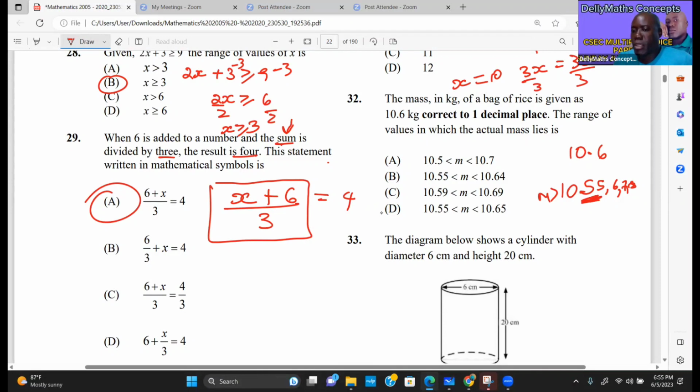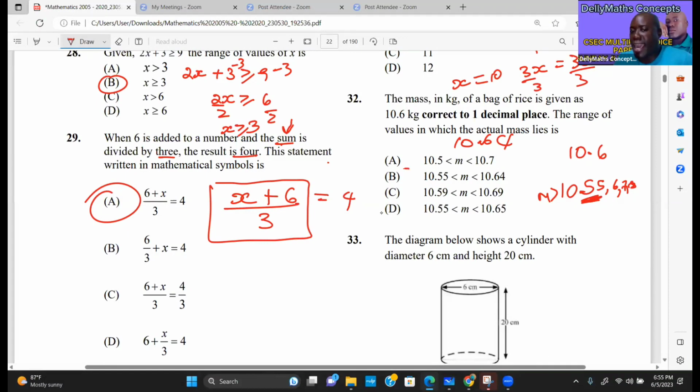But you could have approached it from another angle. In other words, I could have 10.60, 10.61, 10.62, 10.63, all the way up to 10.64, because if you have 10.64 and you round it to 1 dp, you still get 10.6.